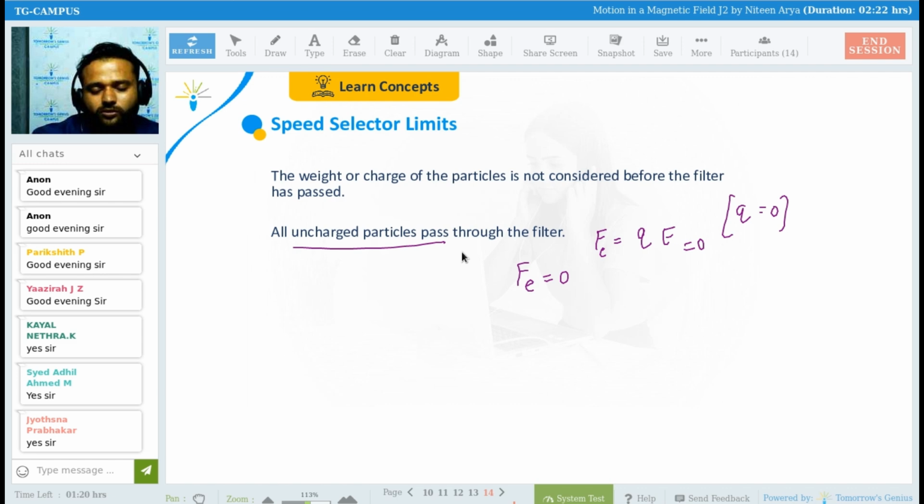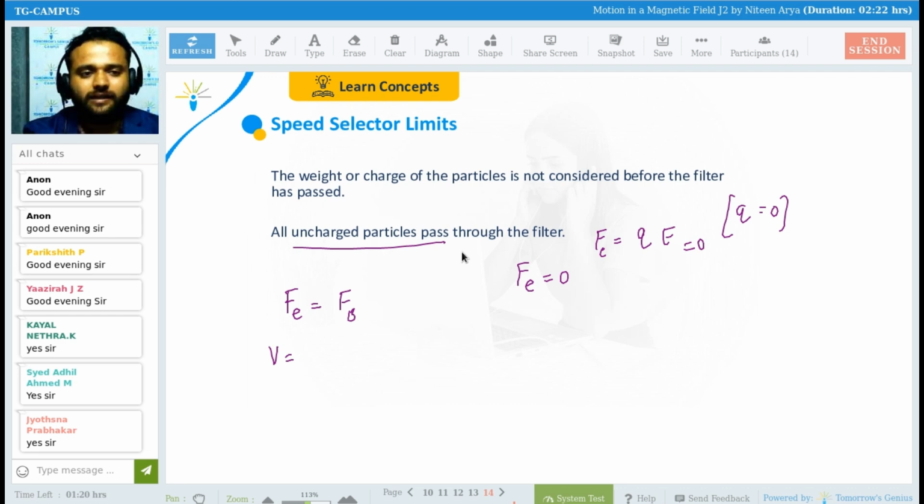And when it is 0, the magnetic force, as we already described, is also 0, so velocity is not going to be countered, or you can say every uncharged particle passes through the filter. There is no filtration then, as simple as that, because the magnetic force is also 0. Clear?